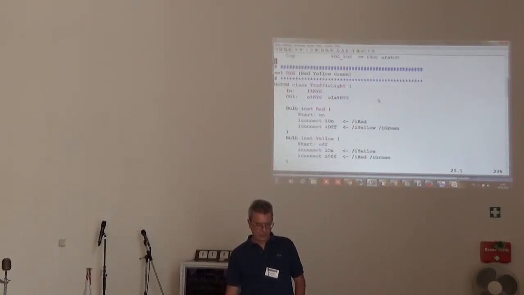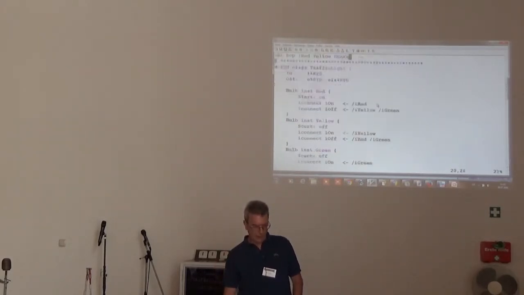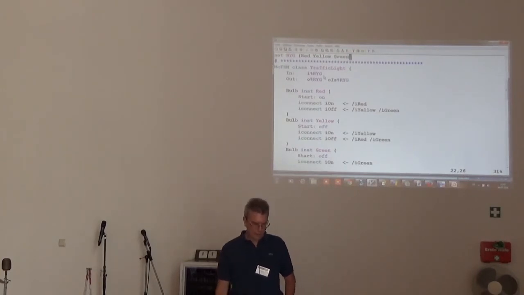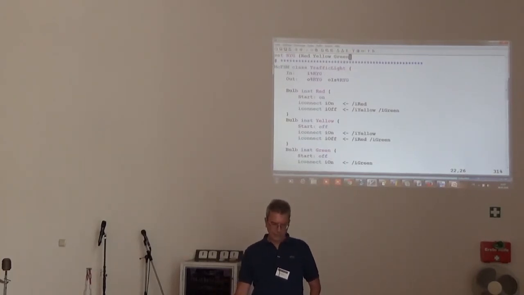So let's go further on. I think you have got the first gist about how this language looks like. If we make a McFSM traffic light, we have a list again: red, yellow, green, and the input events are expanded, the output events are expanded, and now I make instances from this bulb class we just had before.